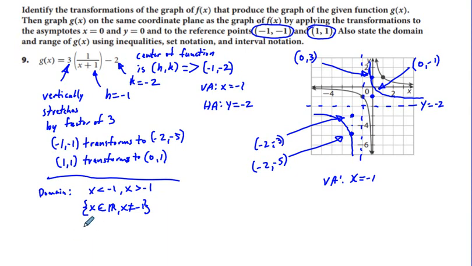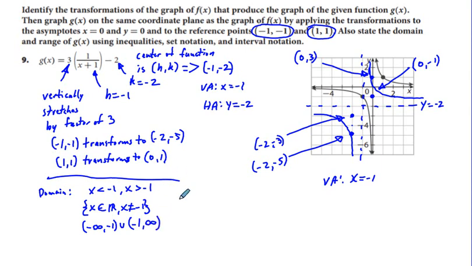And finally, in interval notation, we have x is greater than negative infinity, less than -1, union greater than -1, less than infinity.